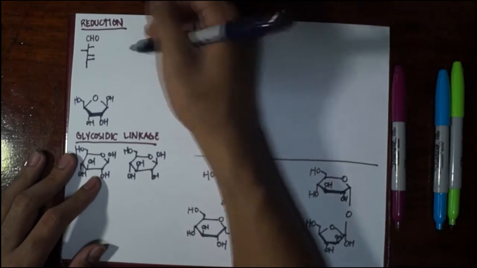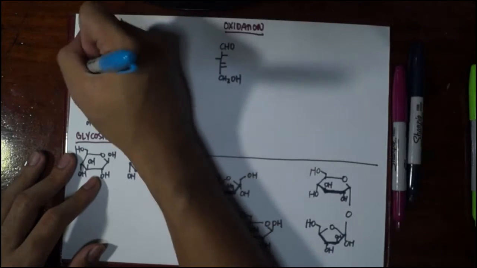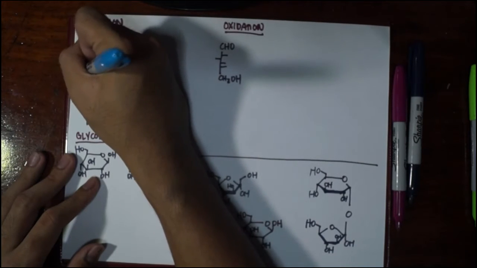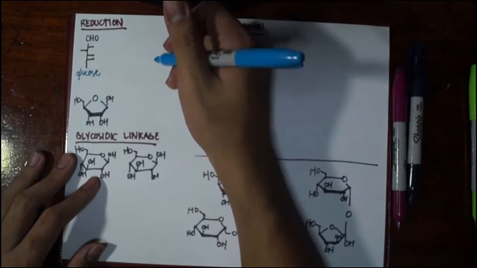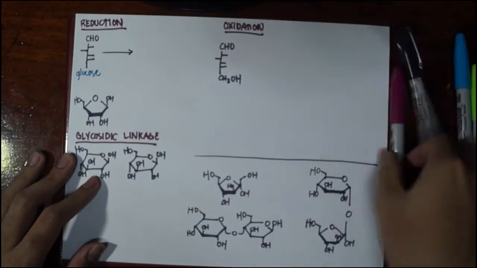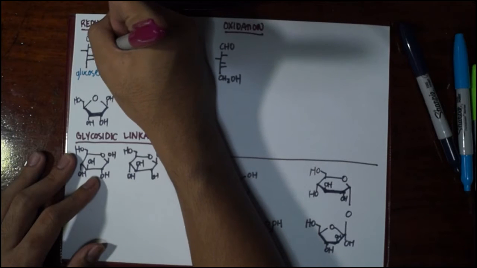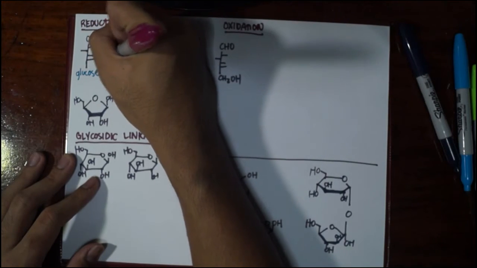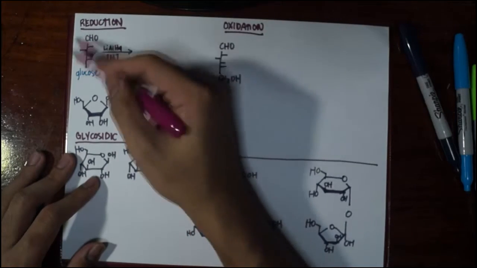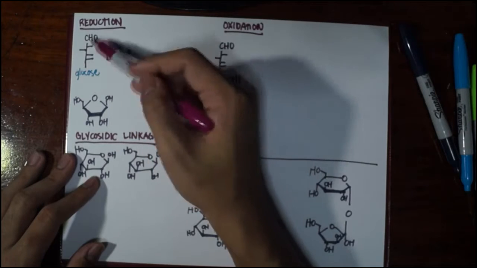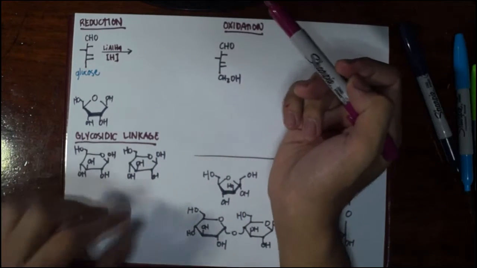So here we have reduction. This one in particular is obviously an aldose. It has a formyl group. This is again glucose, guys. So if you reduce this using a hydride such as lithium aluminum hydride, what you're going to target is the functional group in this carbohydrate which is the most oxidized at the moment.